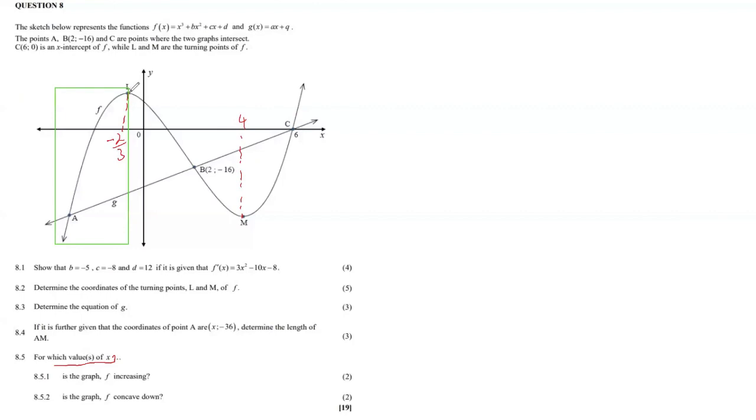So for all the points where your x is below negative 2/3, before negative 2/3, for all the x values that are going to the left of negative 2/3, we can see that your cubic graph is increasing, right? But that's not the only place where we observe that.